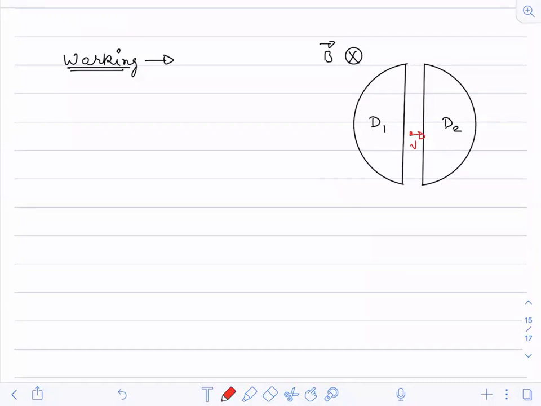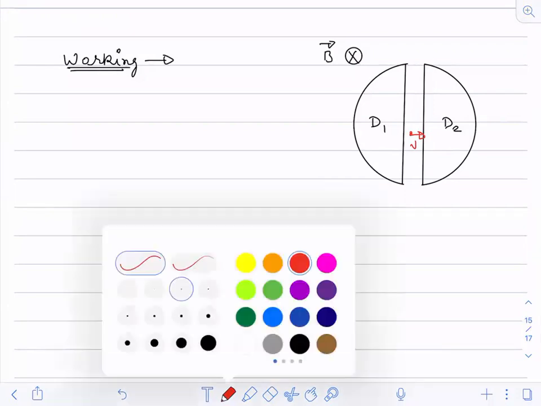So now what will happen? There is a magnetic field perpendicular to it. You are projecting a particle with velocity in this direction, and there is a magnetic field perpendicular to it. What will happen to this particle? Anyone who can tell?